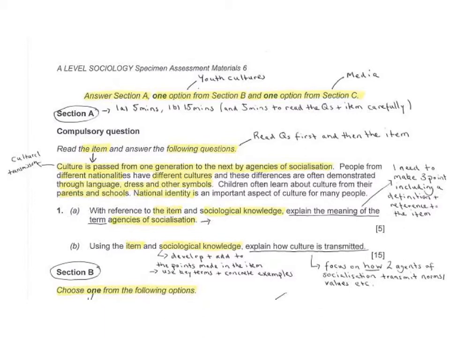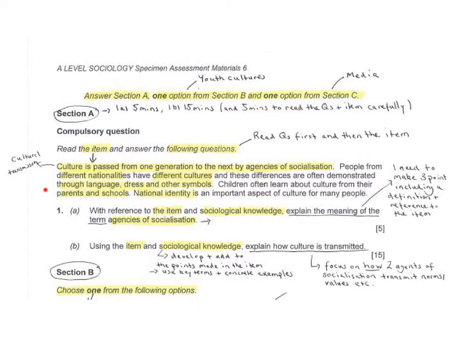Now the item has lots of material that can help you with the questions. The first sentence that I've highlighted is an explanation of cultural transmission, which you can see is linked to the idea of agencies of socialization. You've got reference to different nationalities having different cultures. So I would be thinking there about concepts such as cultural diversity and cultural relativity.